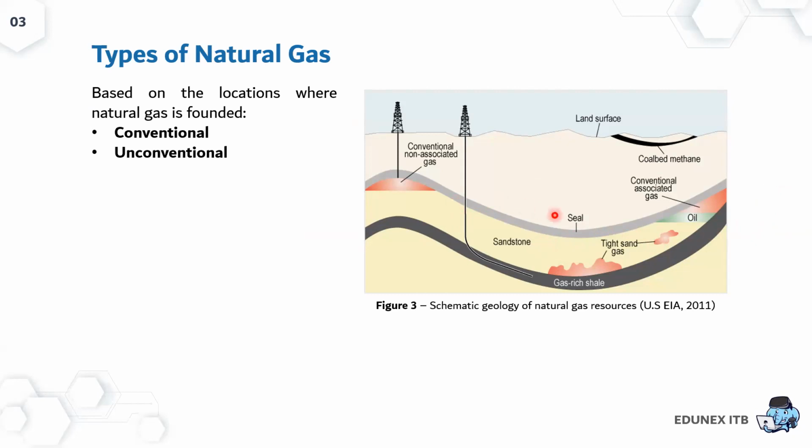Whereas unconventional gas is formed in more complex geological formations that limit gas migration ability, so it requires different methods to extract gas. And there are several types of unconventional gas, including shale gas, tight gas, and also coal seam gas, or also known as coal bed methane. In this study, what we're going to highlight is shale gas.